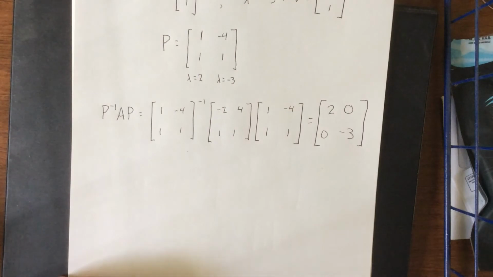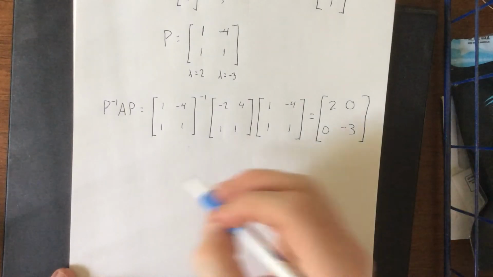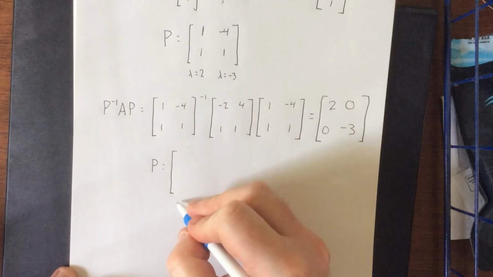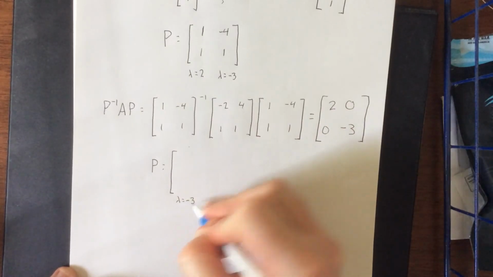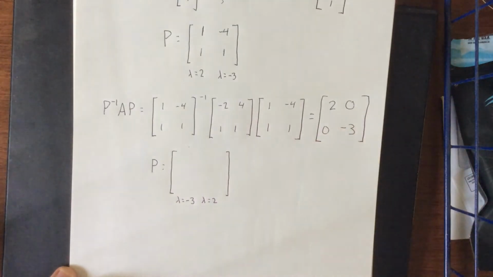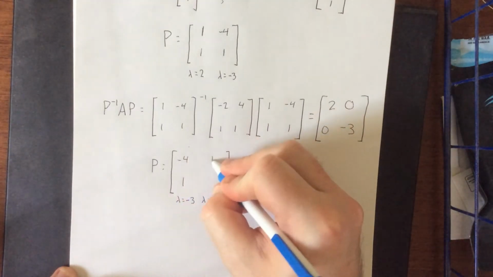Now this also means something else. That means that if I were to construct P in a different fashion, where I put lambda equals negative 3 in the first column and lambda equals 2 in the second column, this is a different but still valid way to diagonalize our matrix.